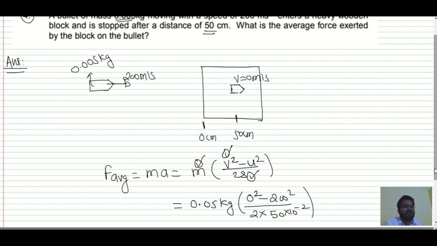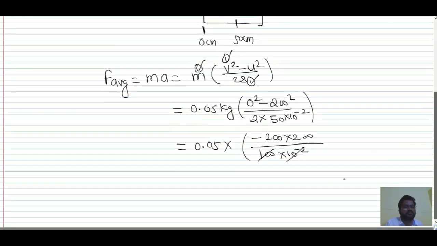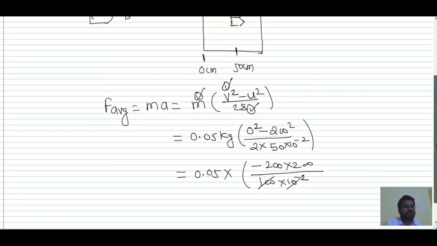Okay. Now see, we have 0.05 into minus 200 into 200 divided by 100 into 10 to the power minus 2. So this will get cancelled. And we have 0.005 now.